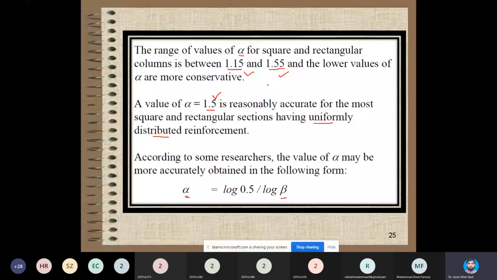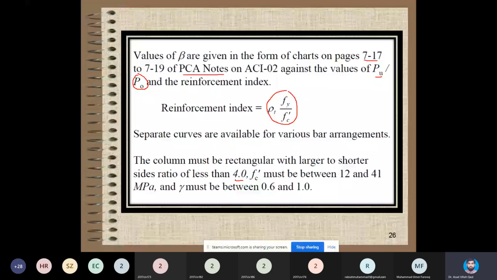FC prime ranges from 12 to 41, so quite a huge range of FC prime is available. Some textbooks also provide tables of beta for application in the load contour method. We will solve one problem and see what alpha we select for that problem.